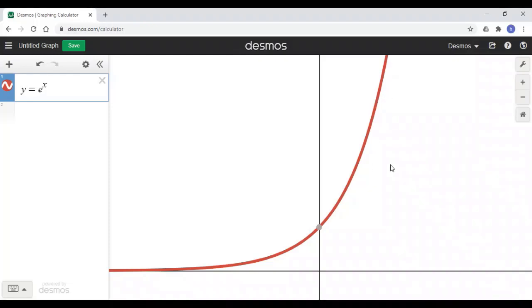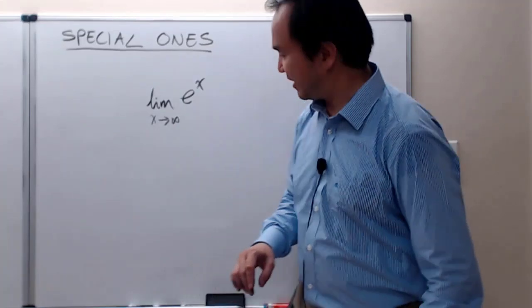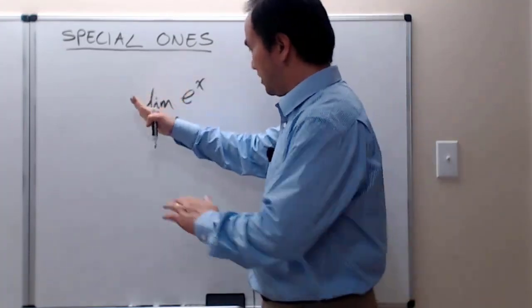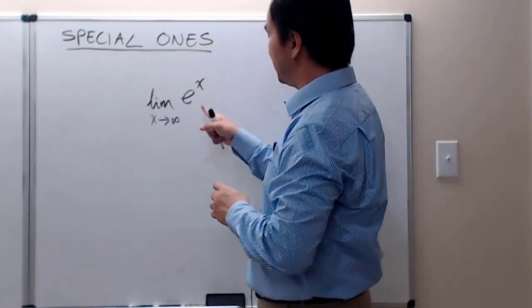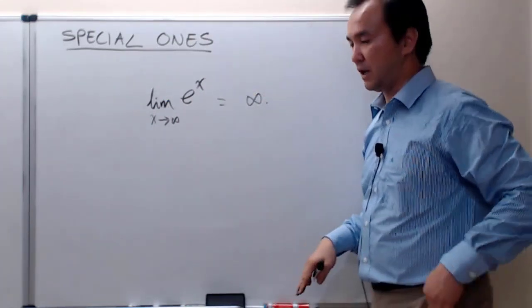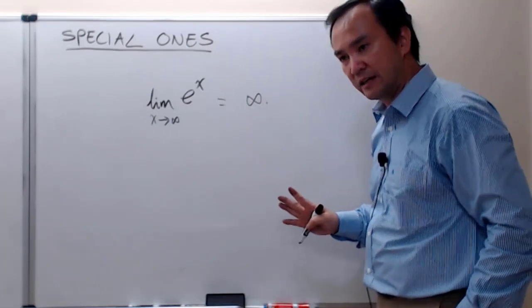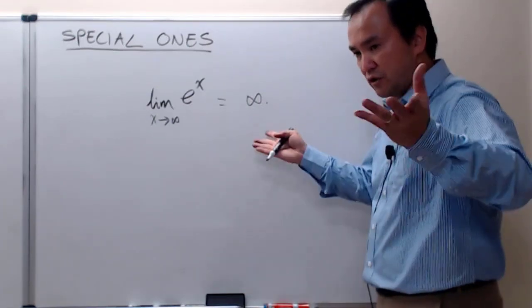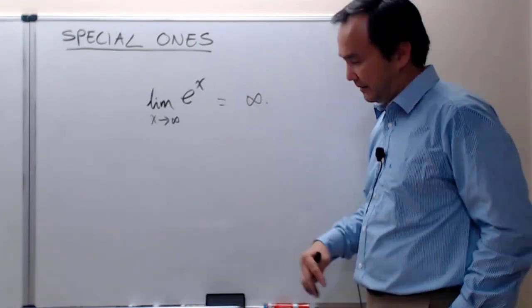And so now we can make a final conclusion regarding our e to the x function, that the right-hand behavior of this e to the x function is positive infinity. The graph is revealing its own truth. No one can argue about that.